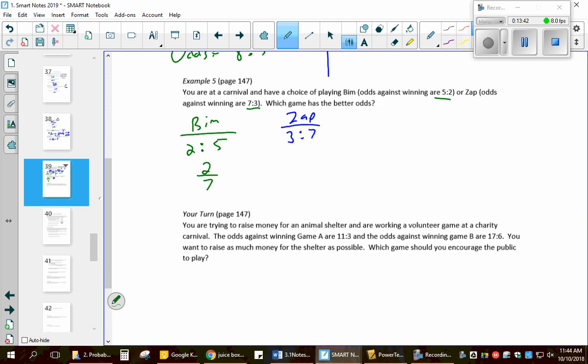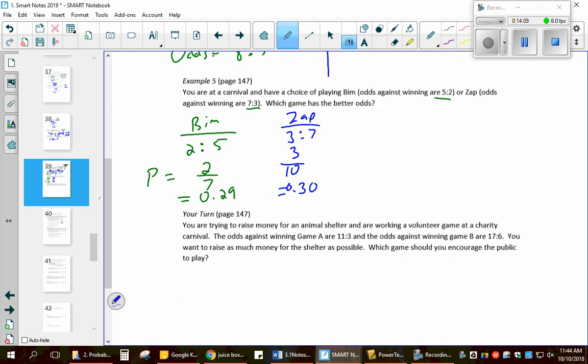Then I'm going to write that as a decimal too to make it even easier. So 2 divided by 7 gives 0.29 or 29%. Zap is going to be 3 over 10, 0.3 or 30%.